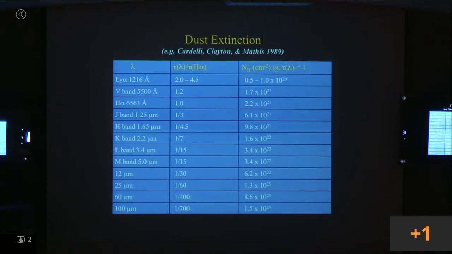Even though the line ratios are insensitive to dust, it could be that you're really only seeing the surface of the material. You're not seeing deep down where the AGN is. So by going to the near infrared, you gain 1 order of magnitude. To the mid-infrared, you get another order of magnitude, so 2 orders of magnitude with respect to H-alpha. And in the far infrared, 3 orders of magnitude with respect to H-alpha. This is really a huge gain.